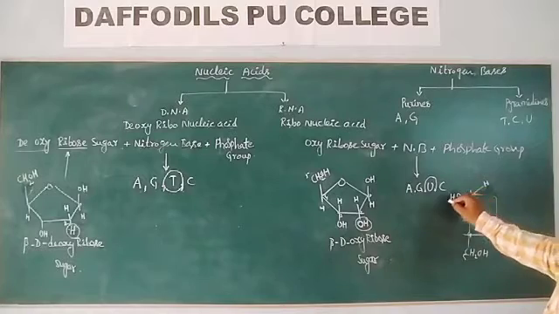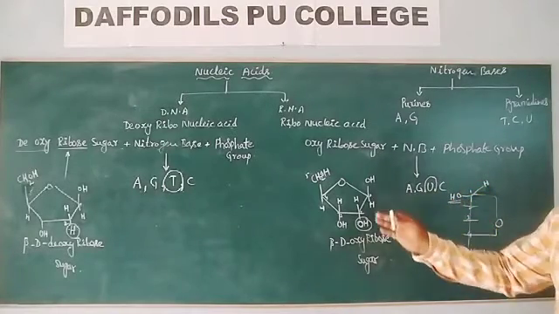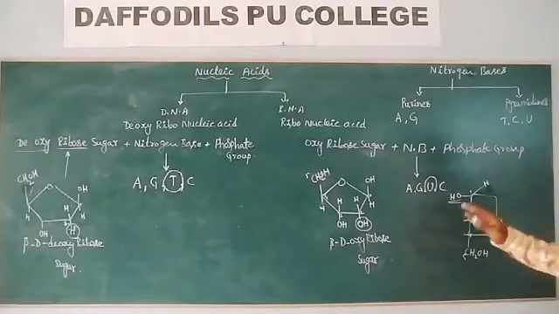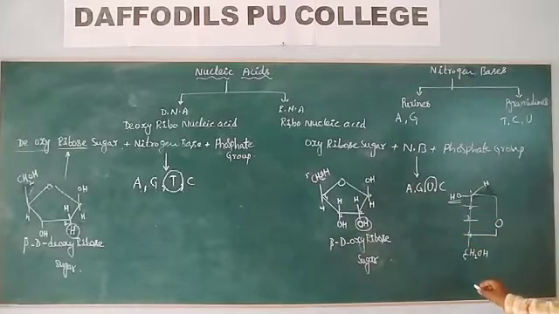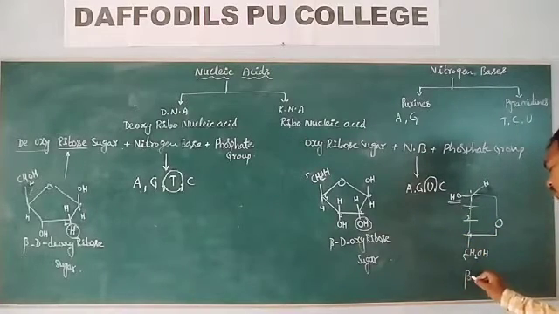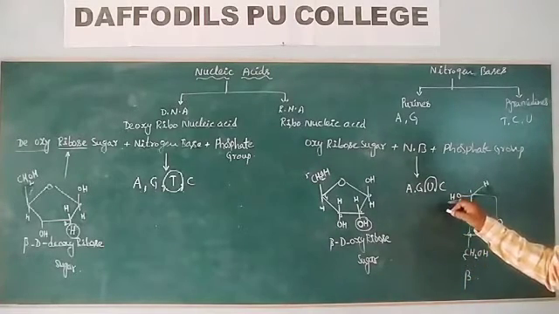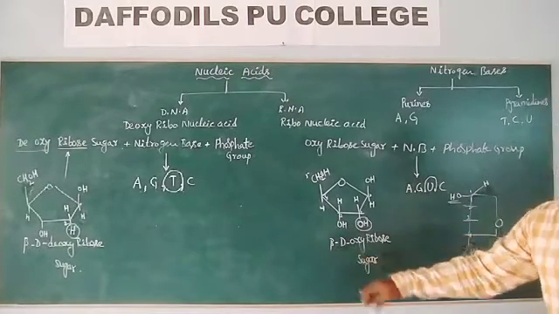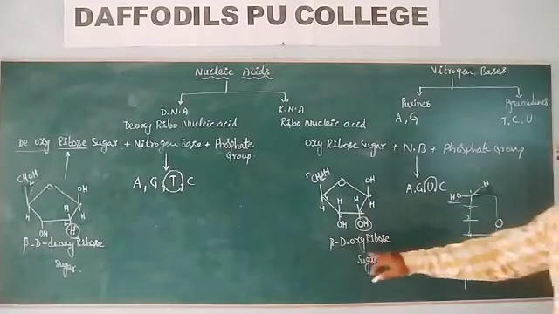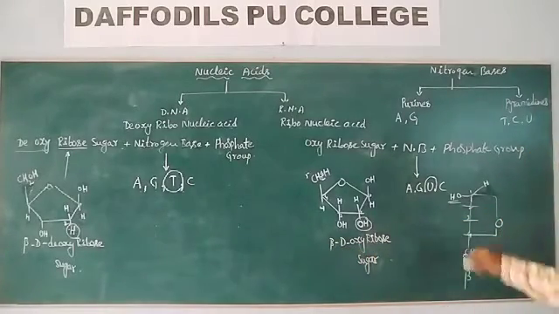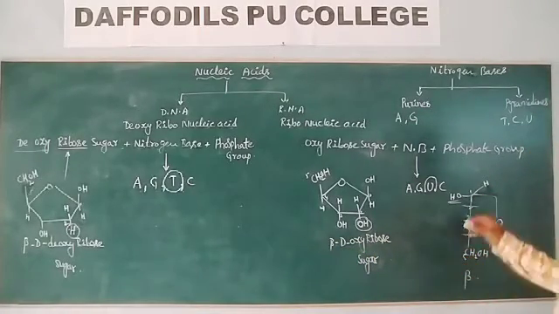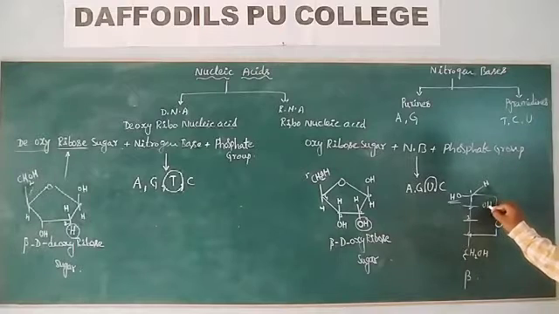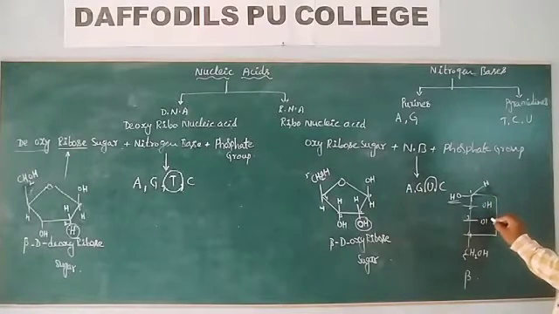This first carbon OH group is present on the left side. When the OH group is present on the left side, you have to call this ribose sugar beta. So this is a beta ribose. I have not shown the other groups. Now I am writing the other groups also.